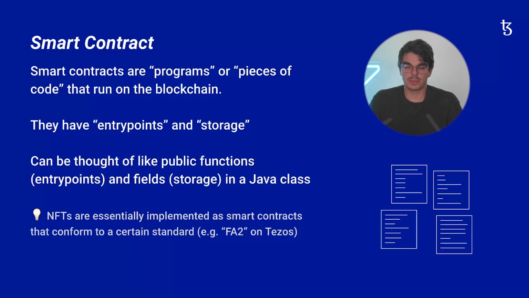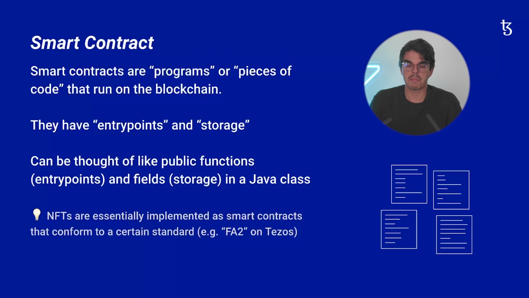So let's start with smart contracts. As we talked about in the previous episode, dApps don't have a backend, or at least the code of the backend runs on the blockchain and is called a smart contract. So smart contracts, as the slide says, are programs or pieces of code that run on the blockchain.